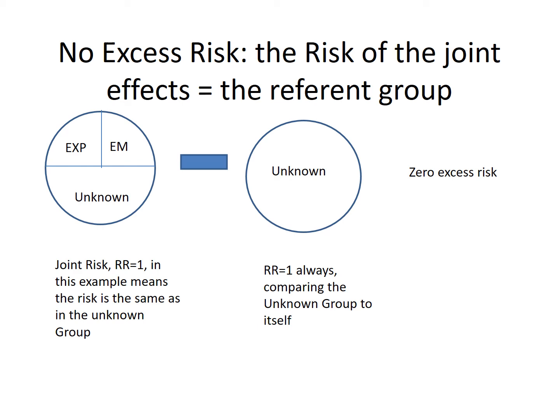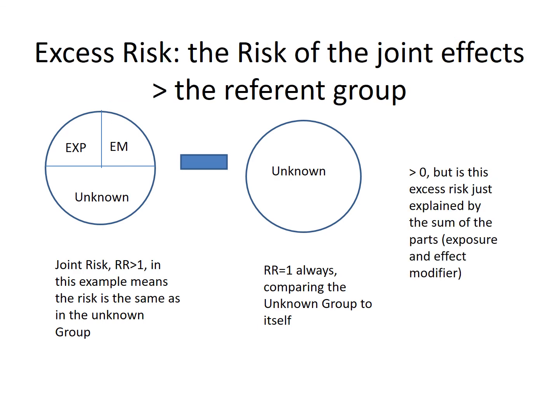Or if this were not a risk ratio, and it were simply risk, then if your risk in the joint condition is identical to the risk where neither the exposure nor the effect modifier is present, you would still get 0 excess risk. You see excess risk when the risk of the joint effects is greater than the referent group. So in other words, that's representing the causal pie on the left, subtracting out that underlying 1. So when it's greater than 0, we're talking about excess risk.